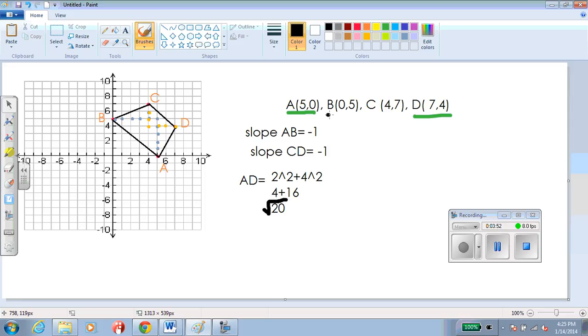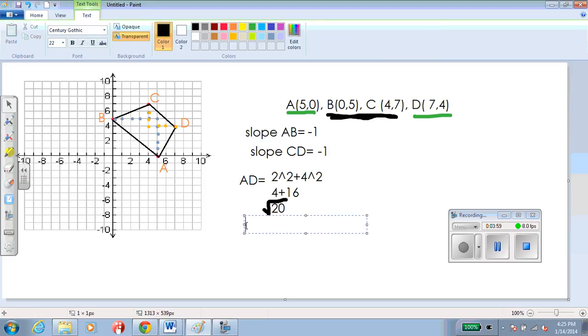Now let's look at the length of BC. If it's an isosceles trapezoid, then BC and AD should be the same. So the distance between 0 and 4, the x values, would be 4. So that 4 squared goes in my distance formula, plus the distance between 5 and 7, which is 2.